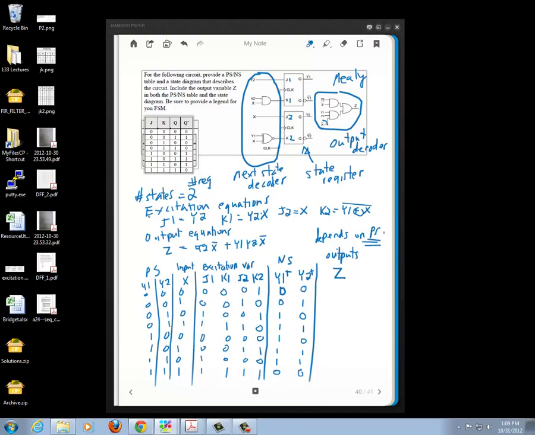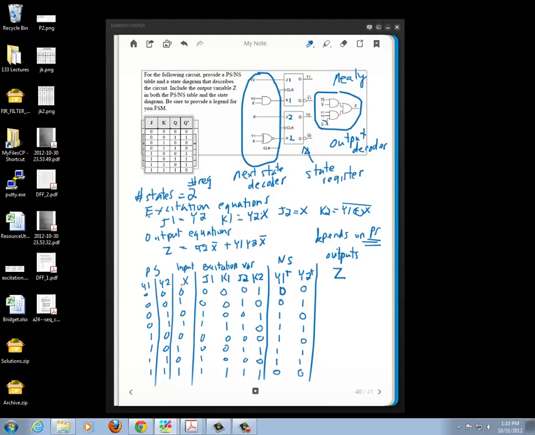Big underline here. A lot of people mess up and use the next state for their outputs, but no, it depends on the present state. So you got to look all the way back on the left side of your table. So our output Z is depending on these three columns, the present state of our state variables y1 and y2, and the input x, and we have this equation.